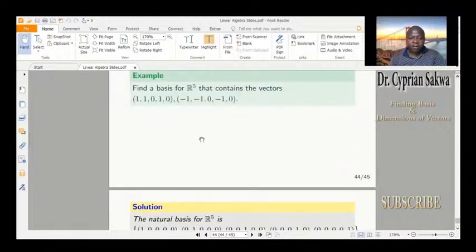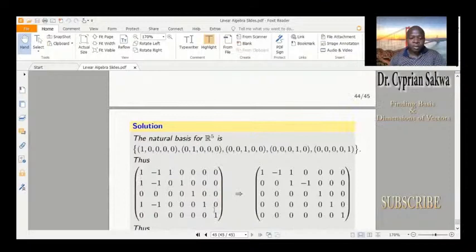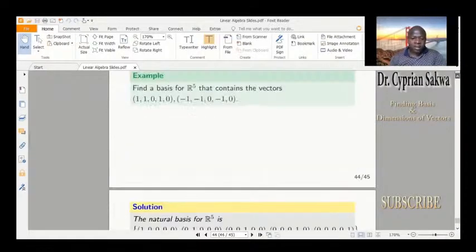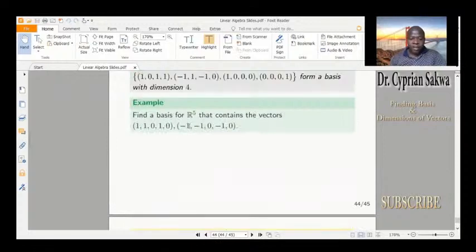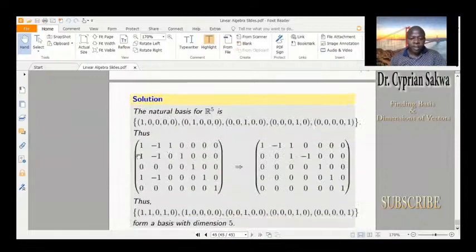The first vector is 1, 1, 0, 1, 0, so I put it in the first column. The second vector is -1, -1, 0, -1, 0, and I put that in the second column. Then I put the other vectors in the other columns: this one in the third column, this in the fourth, this in the fifth, and so on.